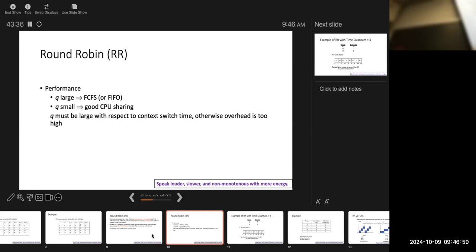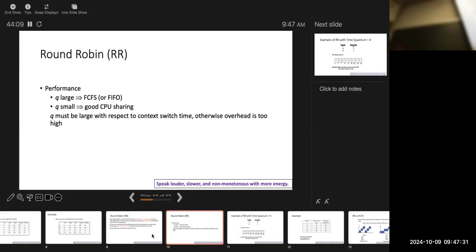When Q was 7, A had to suffer 2 context switches to complete its execution. And if I reduce it even further, let's say to 3, you will have a context switch after every 3 time units, which means that A will face even more context switches for its completion. More context switches mean more overhead, right?